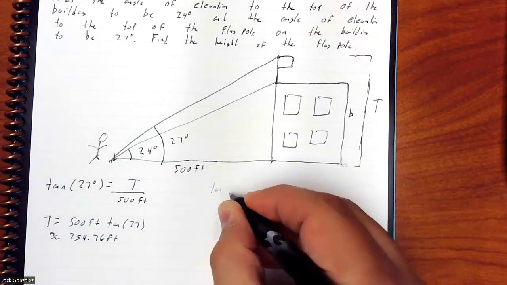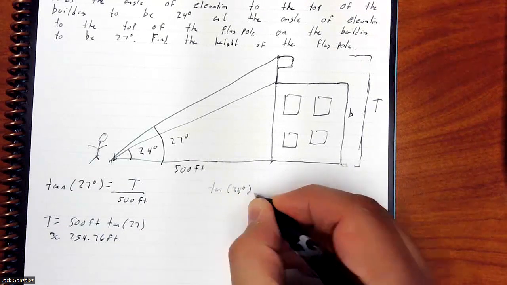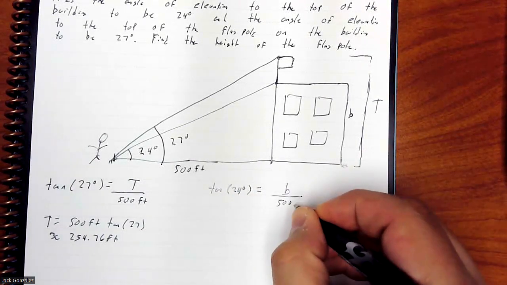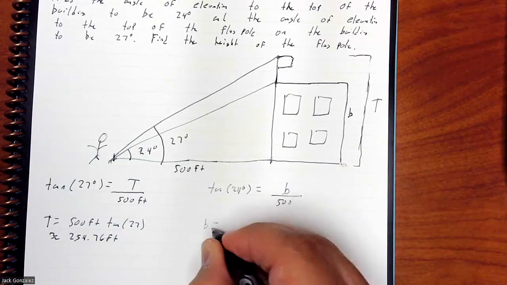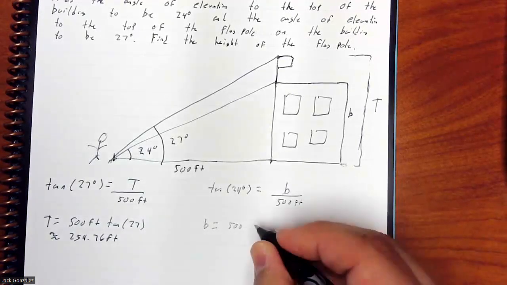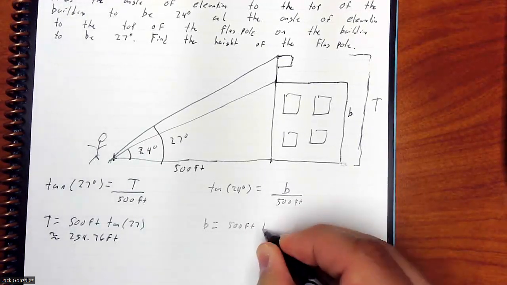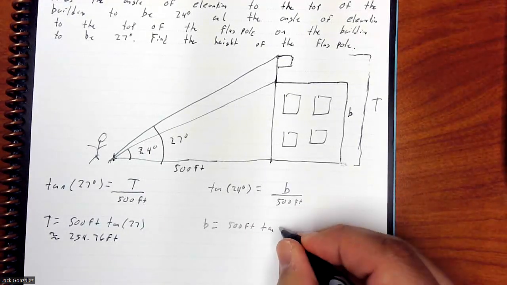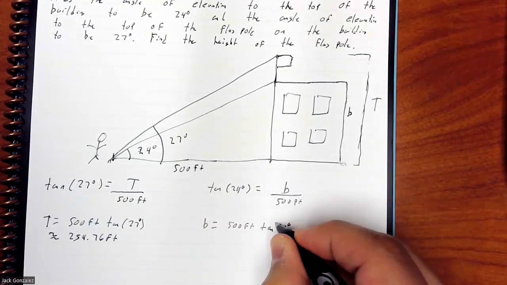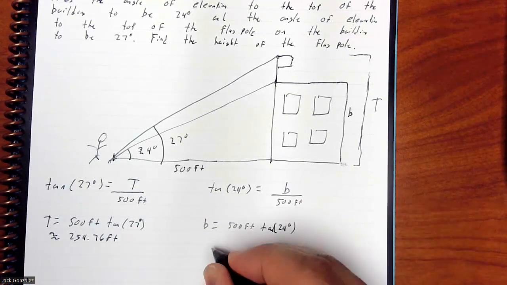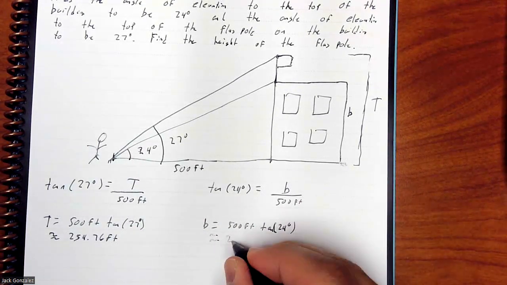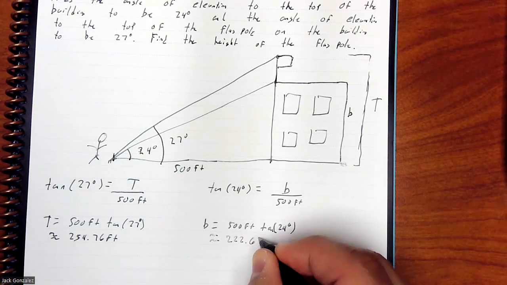So tan of 24 is equal to B over 500. So that means that B is equal to 500 feet times tangent of 24, which is approximately 221.61.